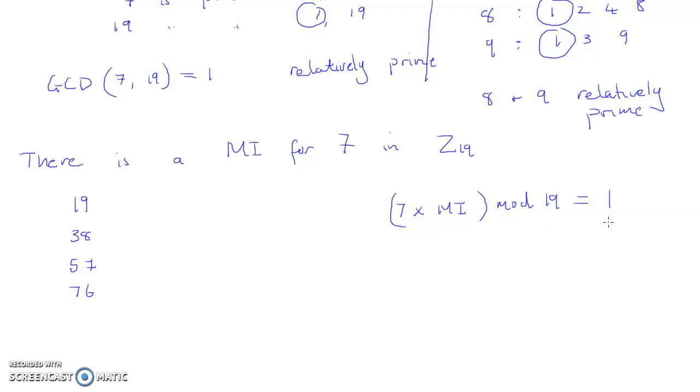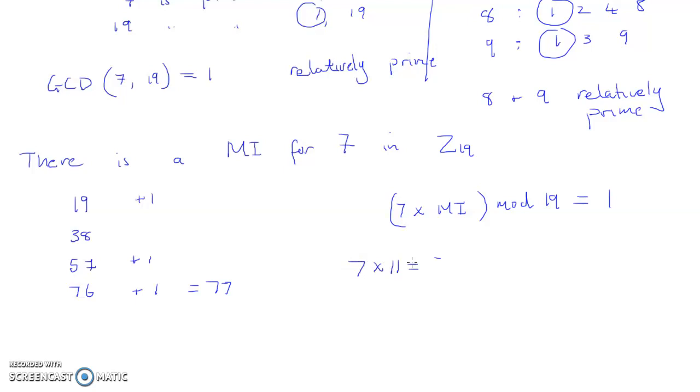So the thing is, if we add 1 to any of these, 20 doesn't go into that, 39, 7 doesn't go into that, 58, 57 plus 1 is 58, 7 doesn't go into that. But this one, 76 plus 1 is 77, and 7 goes into that because 7 times 11 is 77, right?